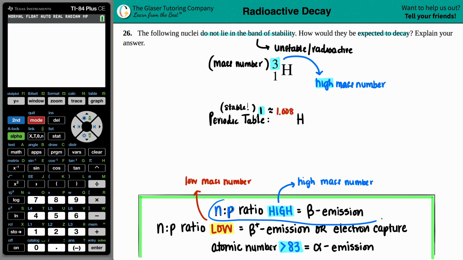And the only way to do that is by beta emission. So by releasing an electron, you will bring down that N to P ratio. And explain your answer. It's basically everything that we just went over about the ratios and mass numbers. So you got this.